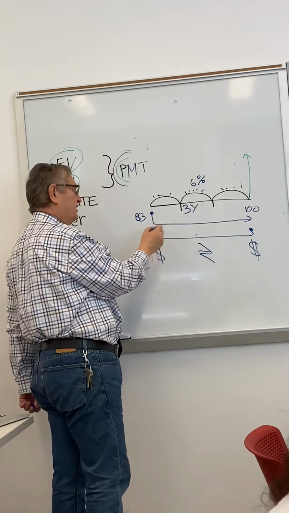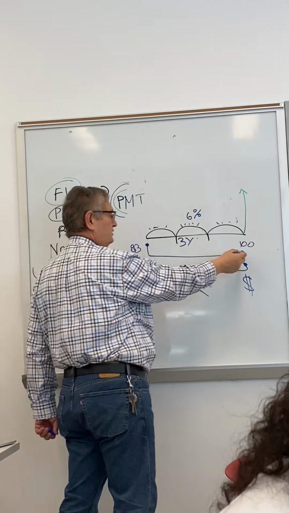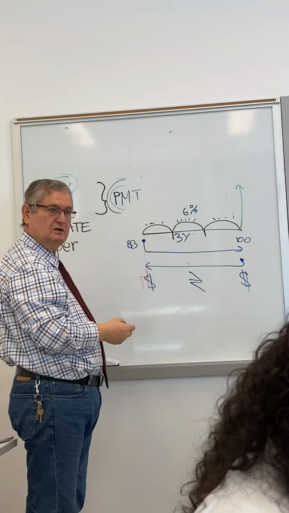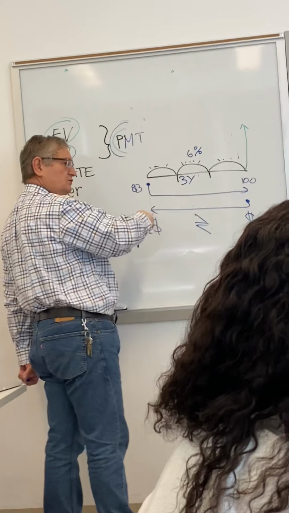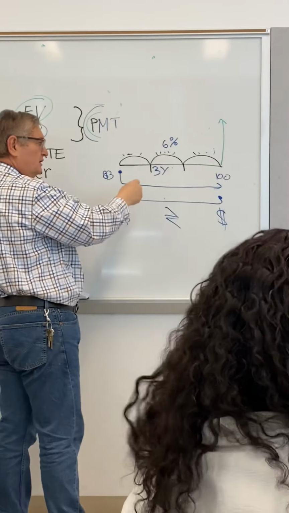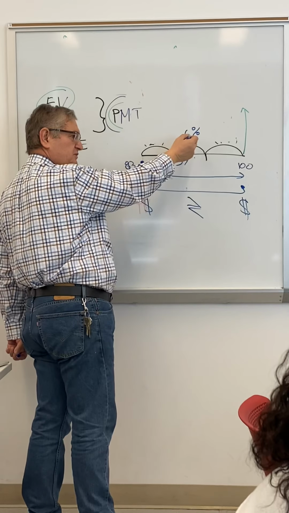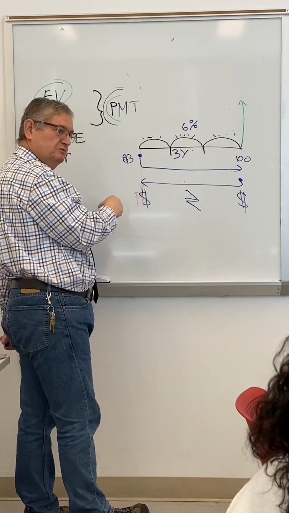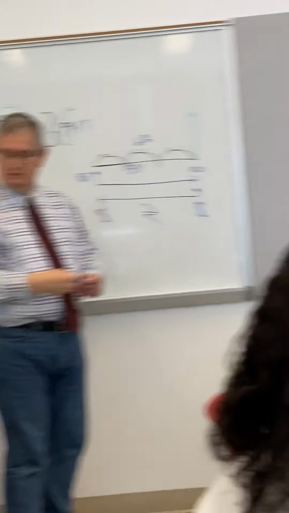In page 45, you have $83. How does $83 become $100? For one period, 83 is multiplied by 6% and is added to what is 83. In the second year, it is multiplied by 6% and is added to what is the period before. In the third year, you do the same thing.